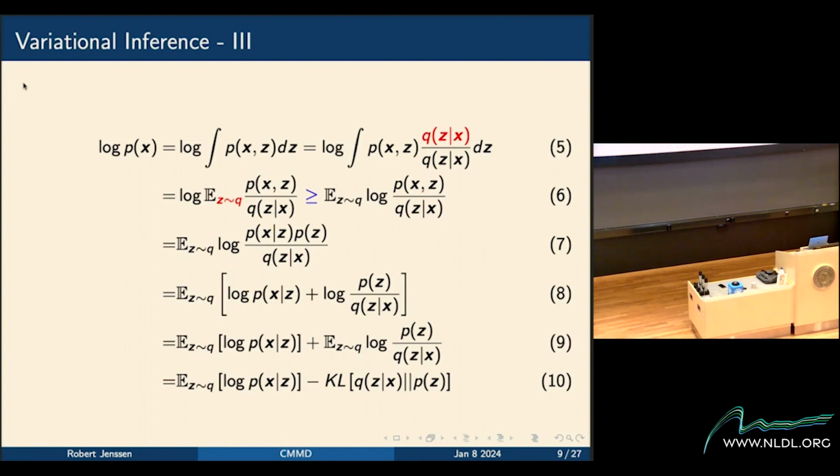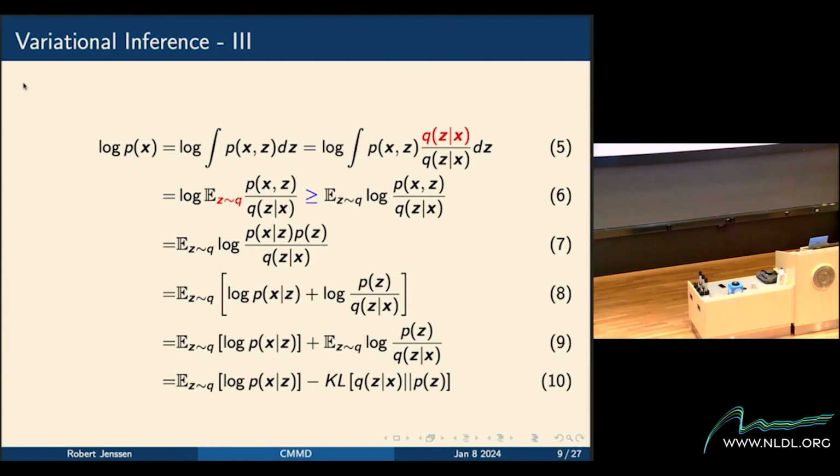Then I just colored q here in red. This is because now we realize that we have an integral, we have q of z, and we have a dz. So it means that the other things here go into an expectation with respect to this q.